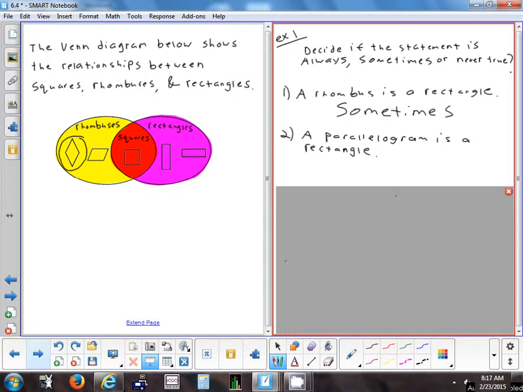Then it's not a rectangle, it's a rhombus. Basically, this is saying if I tell you that you have a parallelogram, does that mean it has to be a rectangle? No. Could be a rhombus. So this statement is sometimes true. If I get stuck, sometimes I put the words "have to." If I have a parallelogram, does it have to be a rectangle? No. Could be something else.